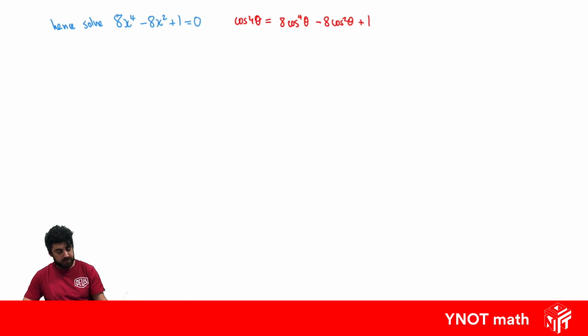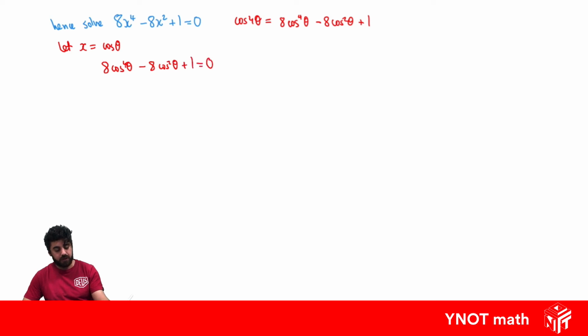So what that means is, if we let x equal cos theta, we're going to get the same expression. We're going to get 8 cos to the 4 theta minus 8 cos squared theta plus 1.